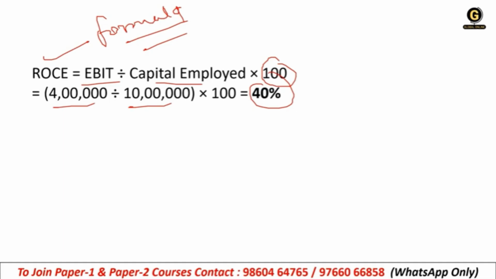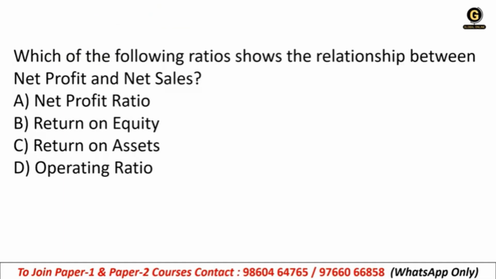Okay, next, which of the following ratios shows the relationship between net profit and net sales? Net profit ratio, return on equity, return on assets, or operating ratio? Very easy answer. You all have to give the right answer in the comment box. For that, only 10 seconds will be given to you.